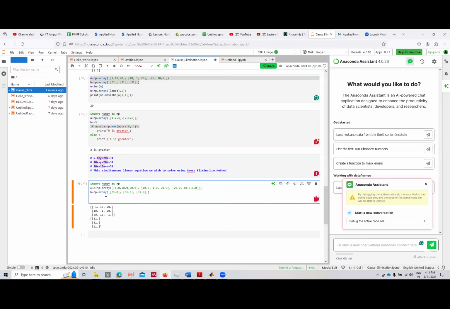Now what do I need to do? I need to first apply the forward elimination.